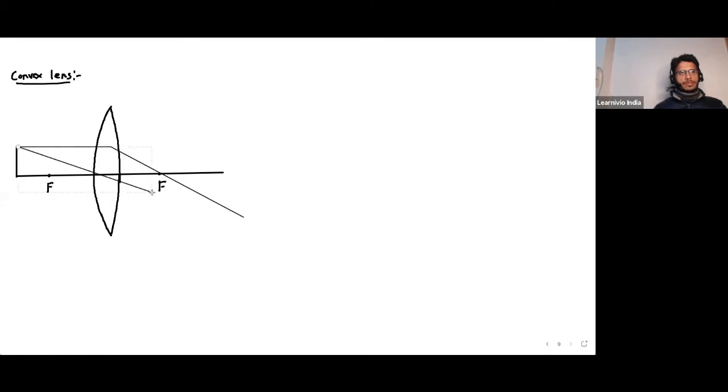Then a ray is passing through the optical center of the lens. It will meet here. So this is your object AB. You have one ray which is parallel to the principal axis. After refraction through the lens, it will pass through the focus. This is another ray which is passing through the optical center.